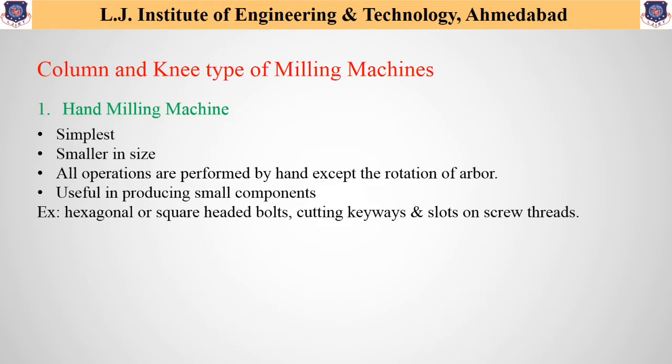In simple terms, this hand milling machine has been given a name starting with hand because except for the rotation of the arbor, all the movements of the table need to be done by hand, and that's why this machine is called the hand milling machine. And keep this in mind, this machine is used only and only for smaller components.